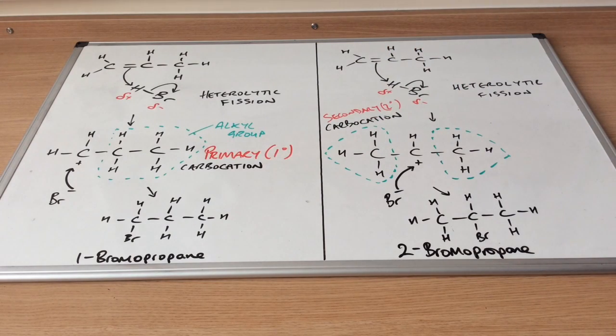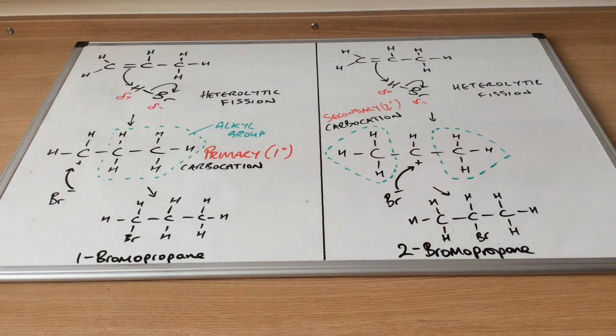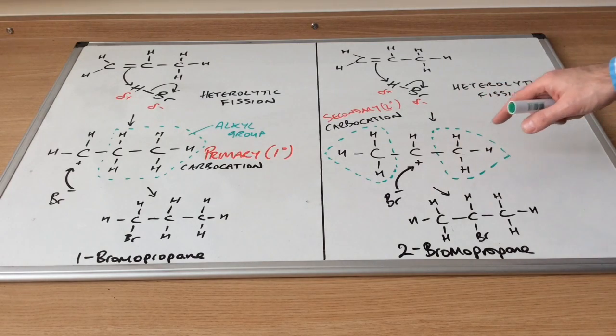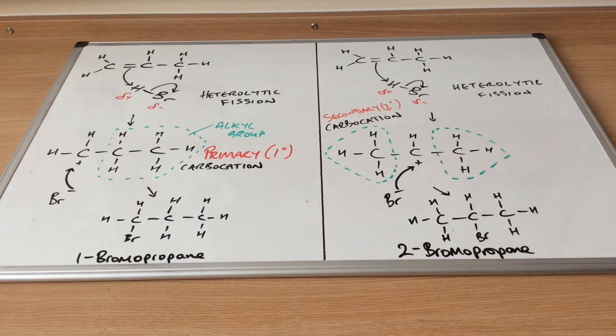What you've got to be aware of is that alkyl groups, whether ethyl or methyl groups, are electron releasing. So they release electron density towards this positive charge, and that will spread the positive charge around the carbocation and make the carbocation a little bit more stable if it can spread the charge out.